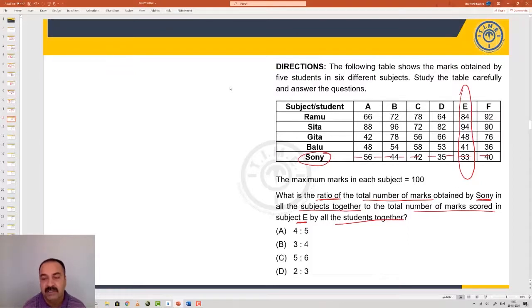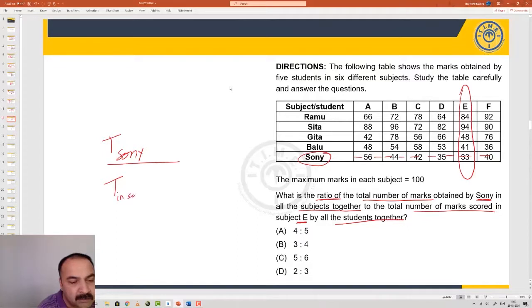What is the ratio of this? This is the way the question is drafted. What is the total marks scored by Sony in all subjects put together, in ratio with total marks scored by all students in the subject E?